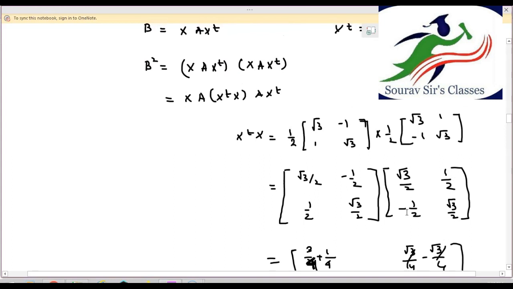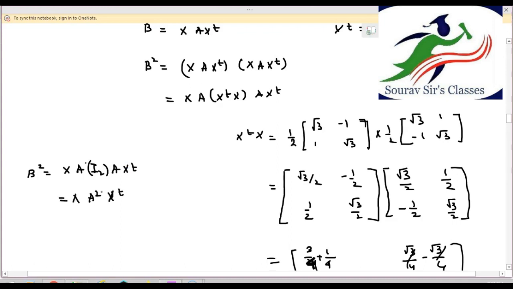So now let us see B square, which is equal to X A, I can put I2 here, A X transpose, and it will become X A square X transpose.